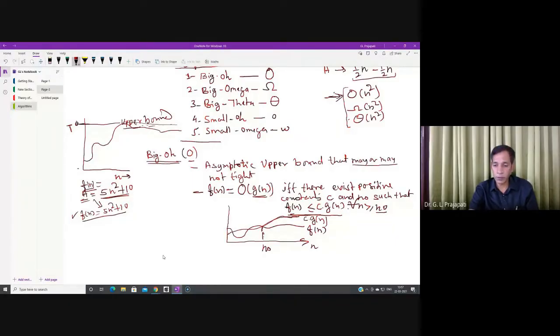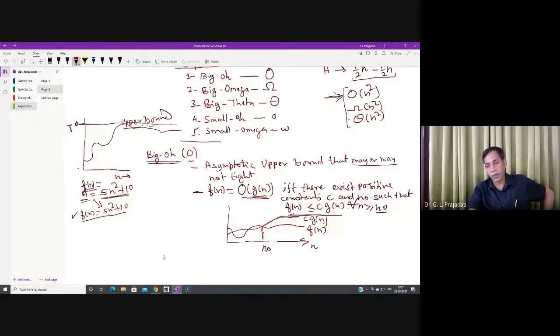Whatever be the value of n, the rate of growth of f of n will not be more than the rate of growth of c into g of n. So once you say that f of n is big O of g of n, you are denoting the upper bound.